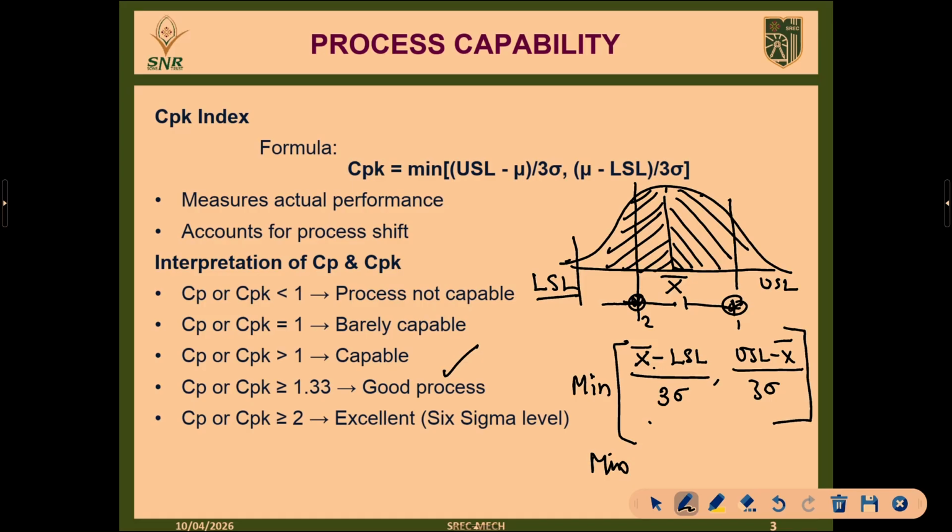Again, there is another value: when CPK or CP value is greater than 1.33, the process is excellent. That means the process is very stable. We have to maintain the process as it is, since it is an excellent process and producing only quality parts and products as per the customer specification.